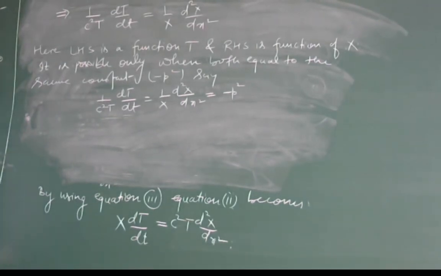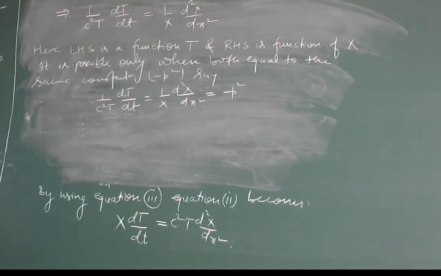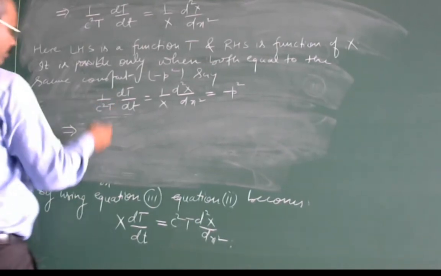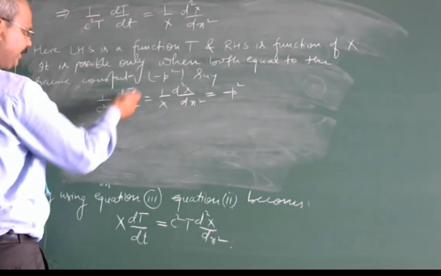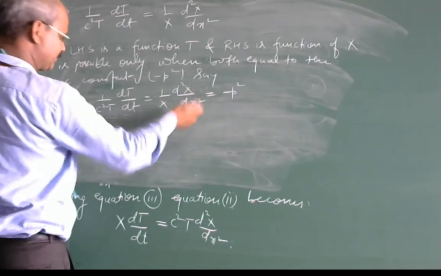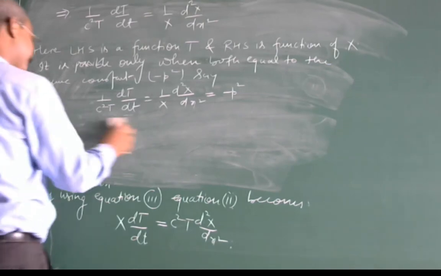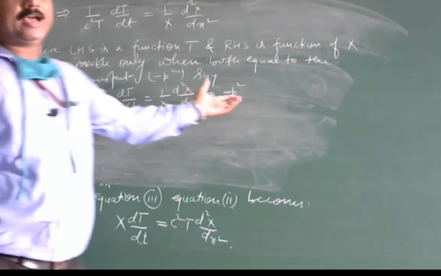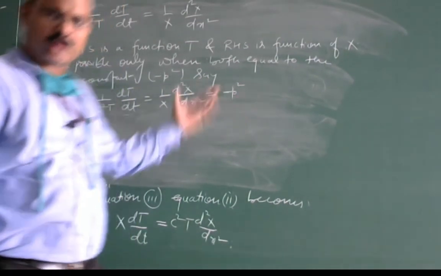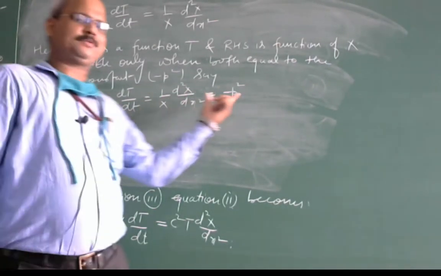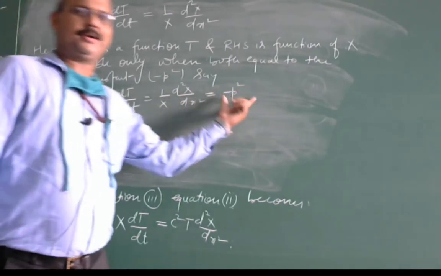Since this is a constant, this can be written equal to this, and this can be written equal to this.